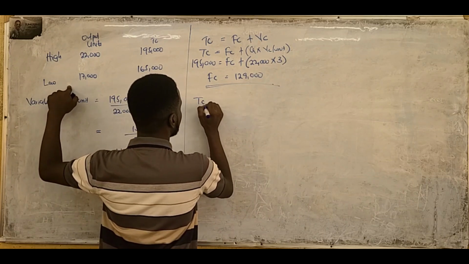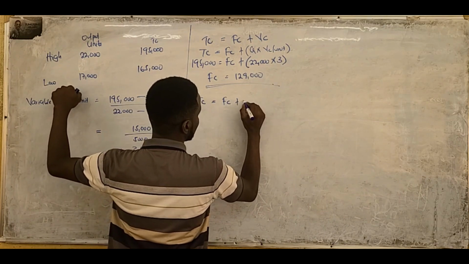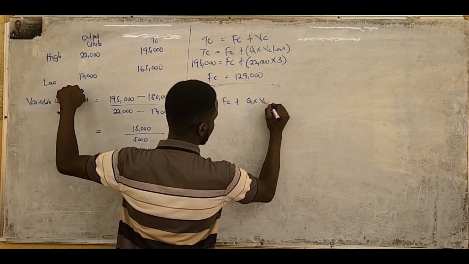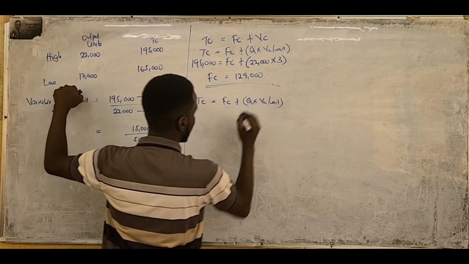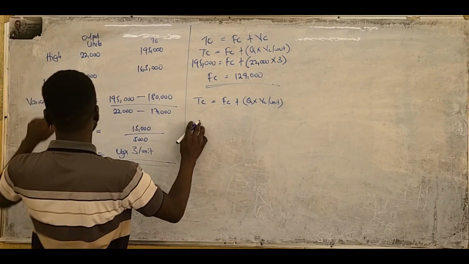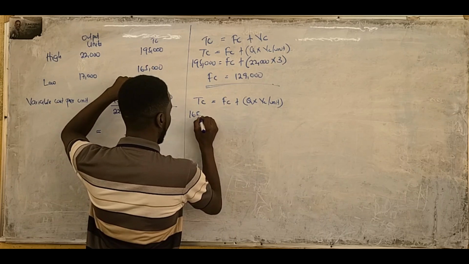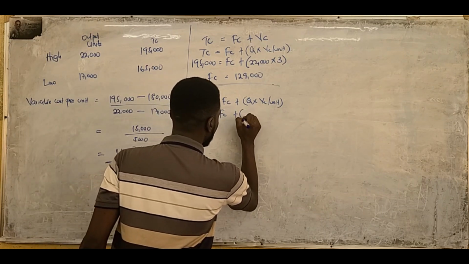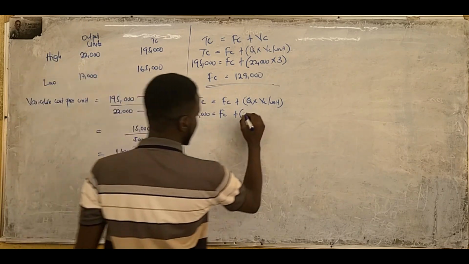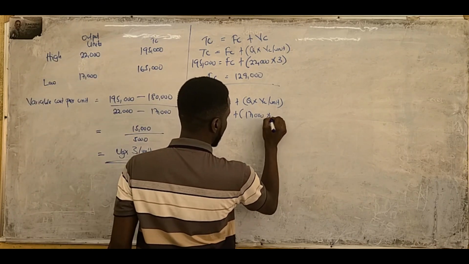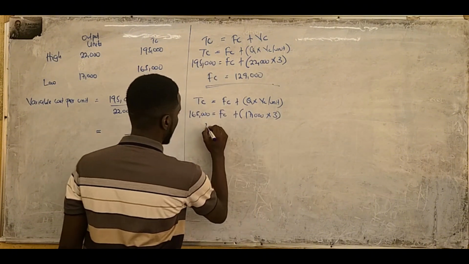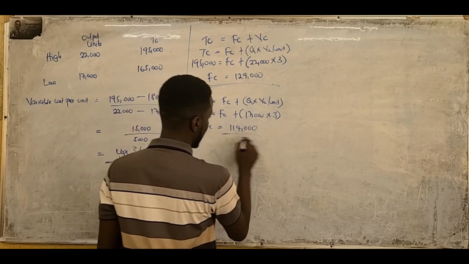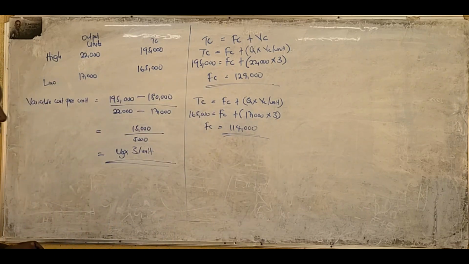For the low we shall have total cost equals fixed cost plus quantity times variable cost per unit. Our total cost here is 165,000. The fixed cost is what you are looking for, plus the quantity, which is 17,000 times 3. So our fixed cost is 114,000.